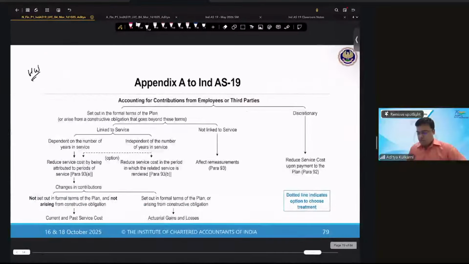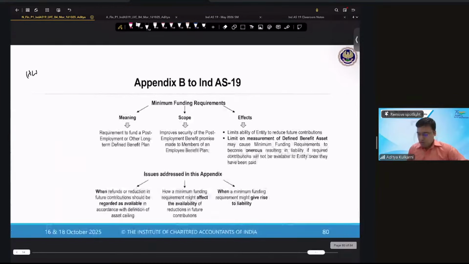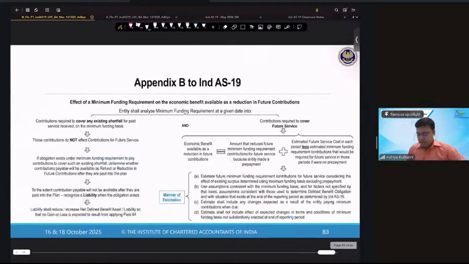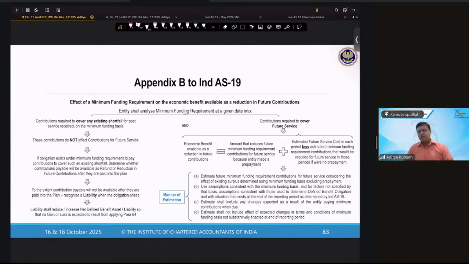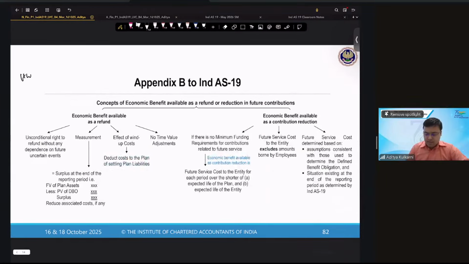How to account for contributions from employees or third parties? You can just go through this for your understanding. What is the effect of minimum funding requirement on economic benefit available? This is only going to have a theoretical application. It does not have any practical question that is there.